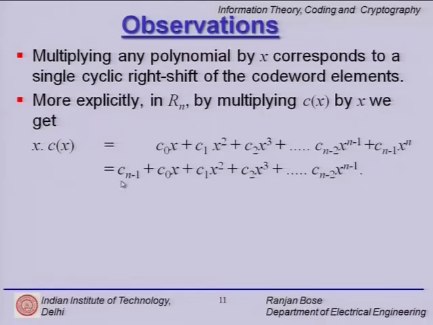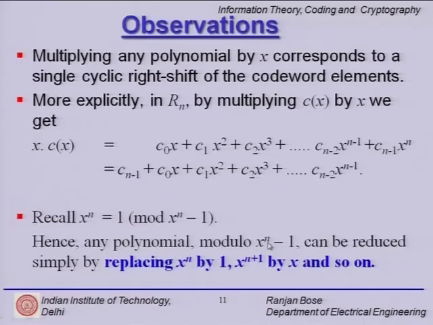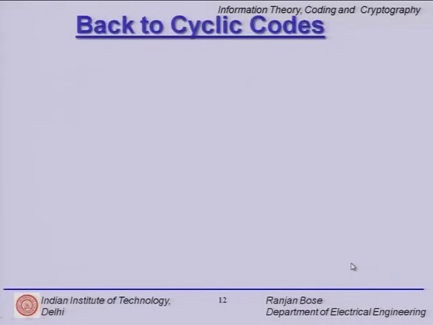So, there are still n elements in my code word, but they have all undergone a cyclic shift. Please note we have used this property. Any polynomial modulo x^n minus 1 can be reduced simply by replacing x^n by 1, x^(n plus 1) by x, and so on and so forth.